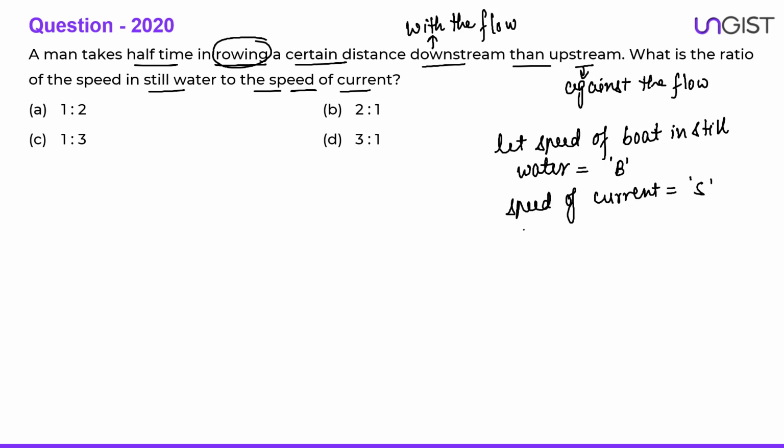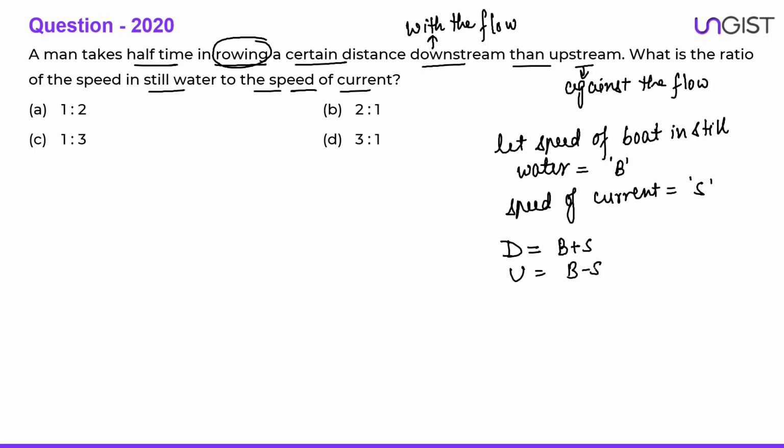When the person is going with the flow, the flow will support him. So downstream, denoted D, will be B plus S, and upstream will be B minus S, right? When a person is going upstream, the flow will oppose him.